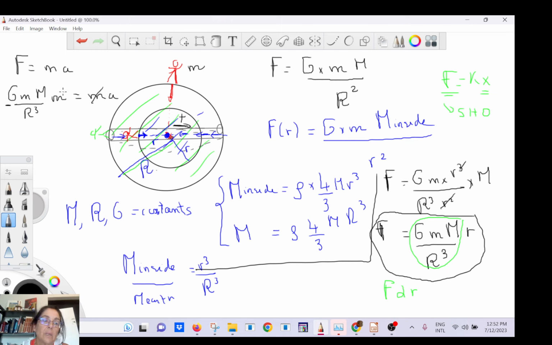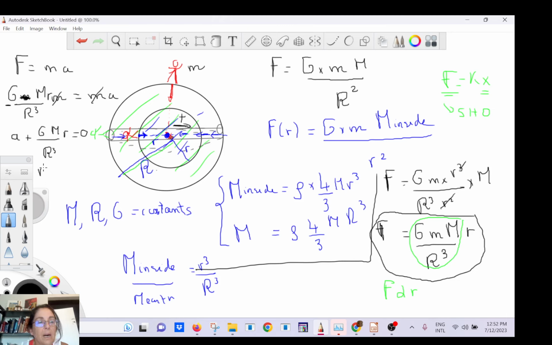So cross this out, and you have an r here. So then you have acceleration plus G, the mass of the Earth, over R cubed, times r equals 0.